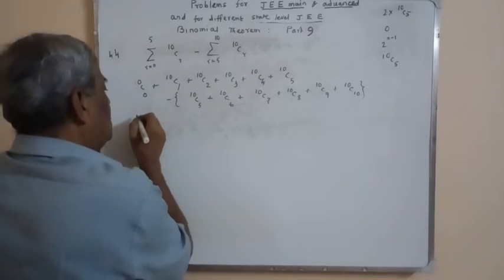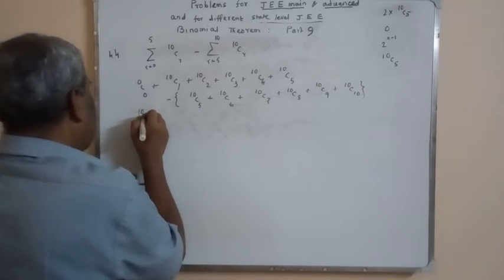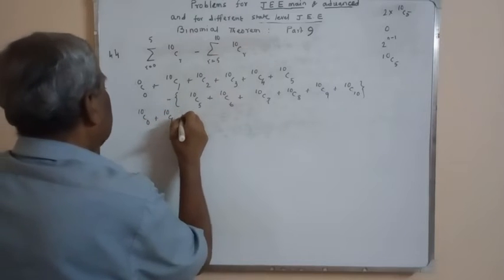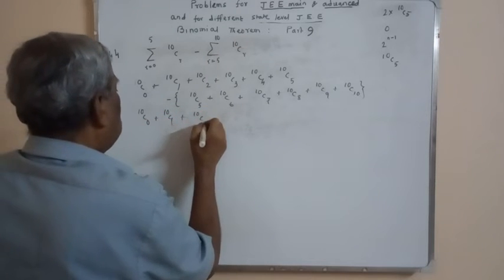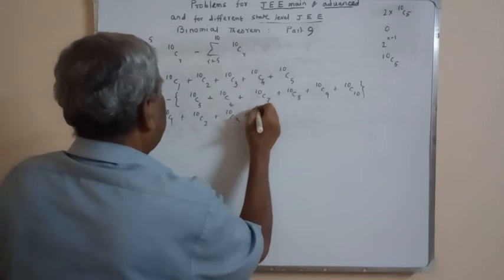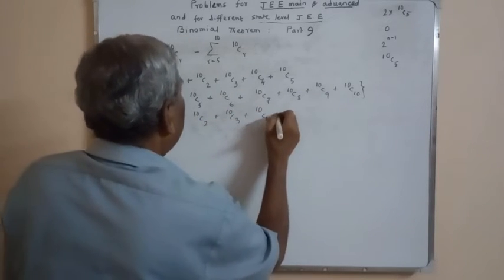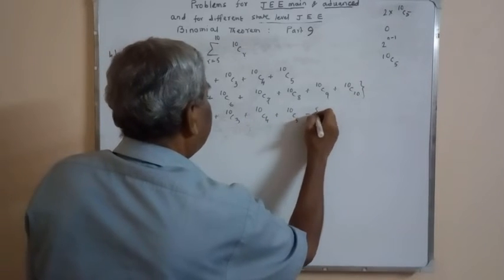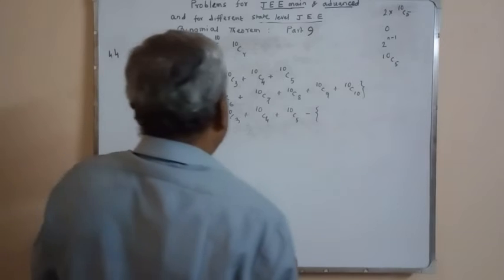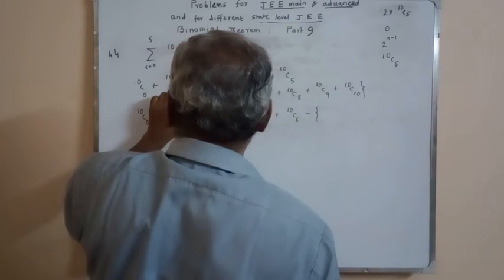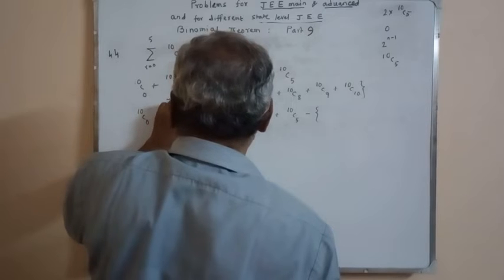So this is equal to, first one is 10C0 plus 10C1 plus 10C2 intact, minus, this is actually 10C5.